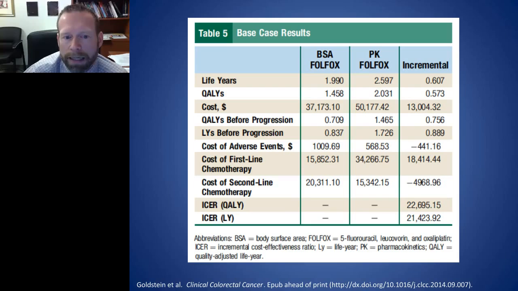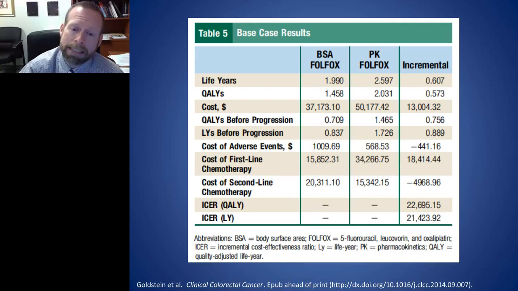When they get to the incremental cost effectiveness ratio, per quality adjusted life year, they were really seeing about $23,000, maybe a little less than that, where it does cost more to administer the PK-guided FOLFOX therapy, especially if patients are living longer. That means they're going to have additional cycles of therapy administered.